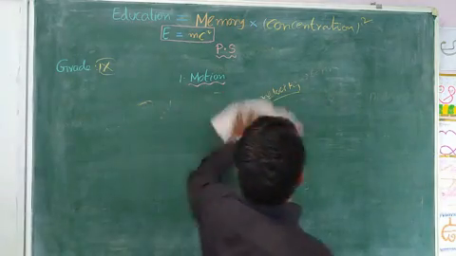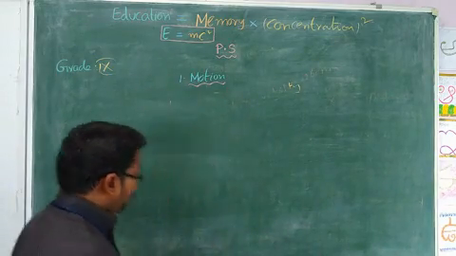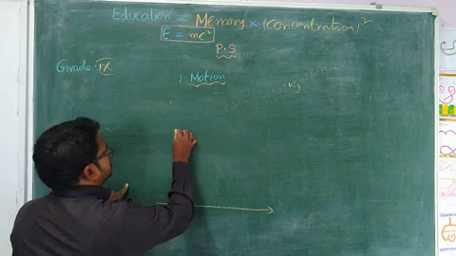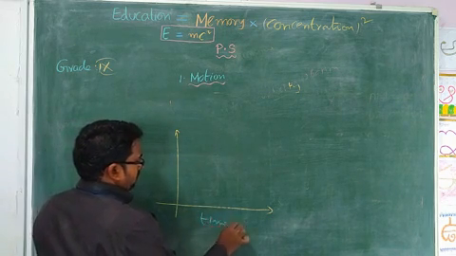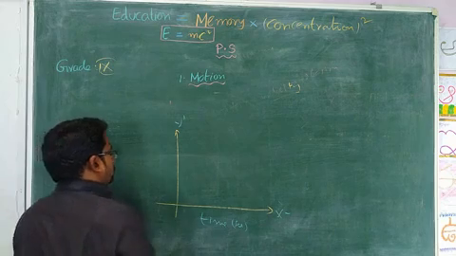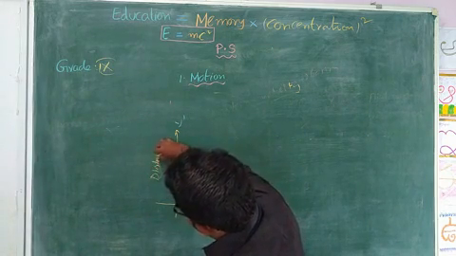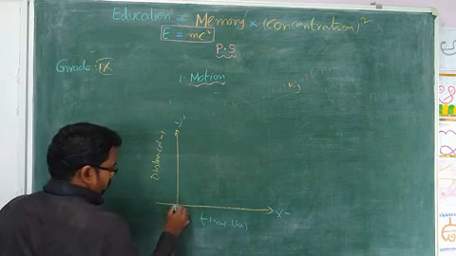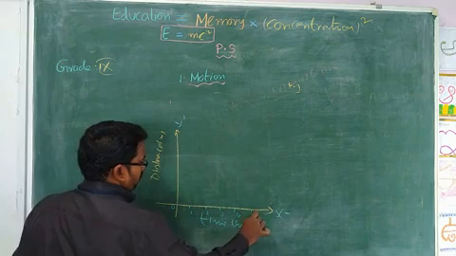For example, if I write like this, time in seconds on the x-axis, and on the y-axis I am going to take the distance, of course in meters: 0, 1, 2, 3, 4, 5.